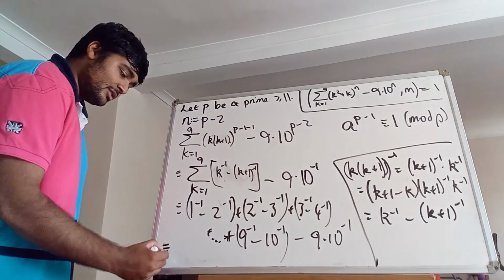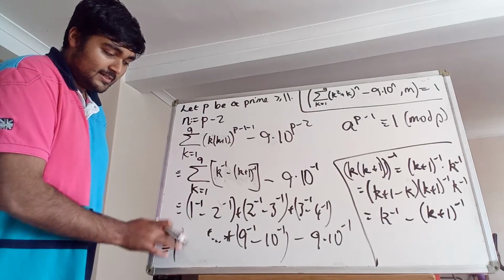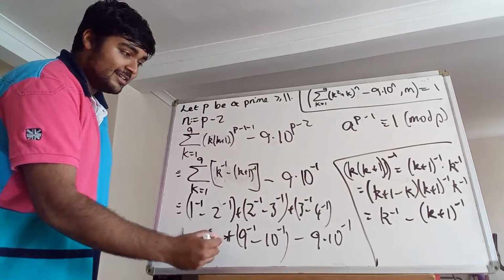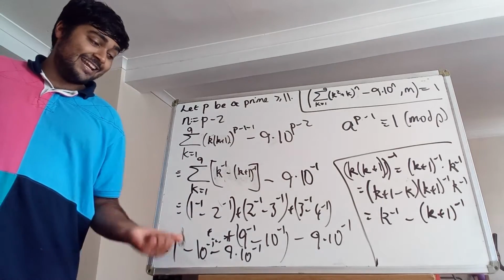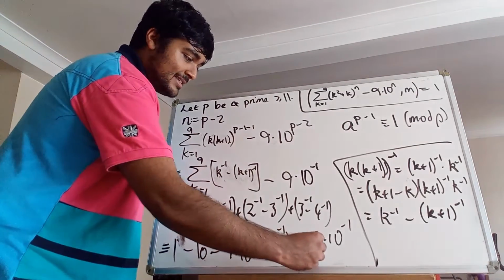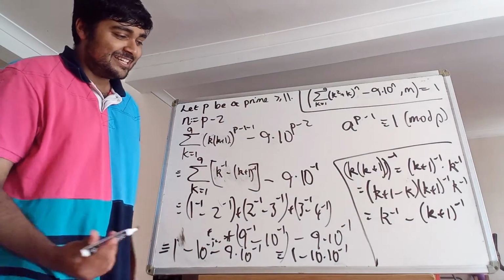So this is congruent to 1 inverse, which of course is just 1. The inverse of 1 is 1, minus 10 inverse, minus 9 more 10 inverses, sorry. But 10 inverse minus 9 times 10 inverse is just going to be 1 minus 10 times 10 inverse. But 10 times 10 inverse, very conveniently, is just 1.